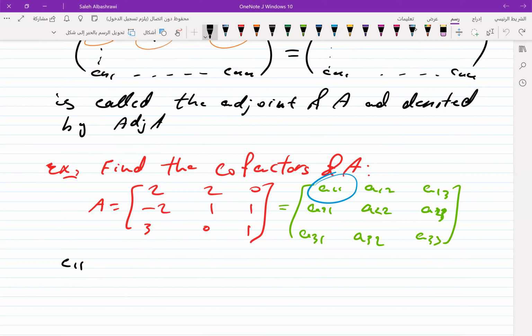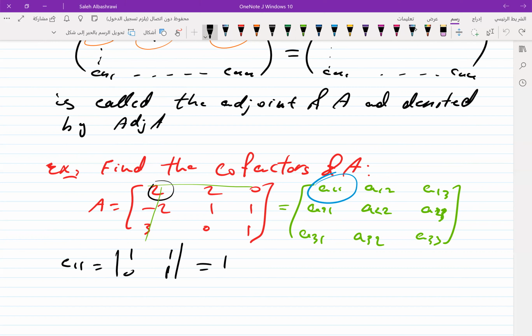C11 corresponds to the first element. It means we are going to cross out the first row and first column. So C11 equals the determinant of 1, 1, 0, 1, which is equal to 1.